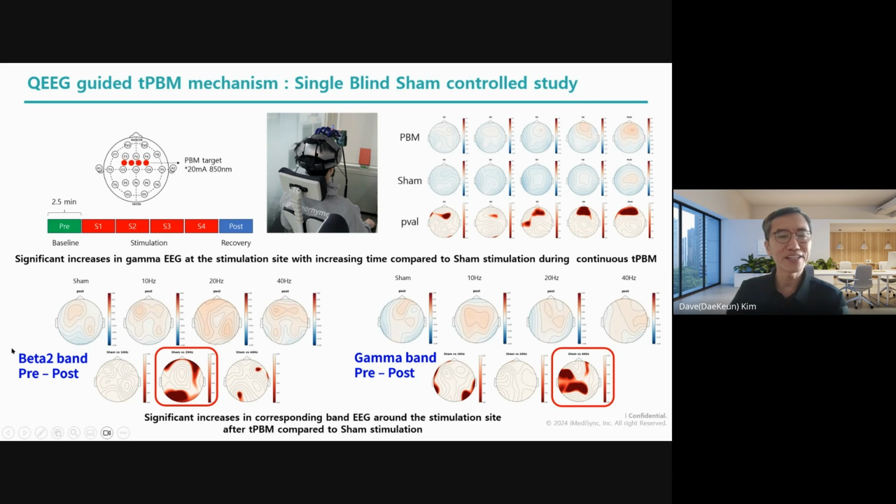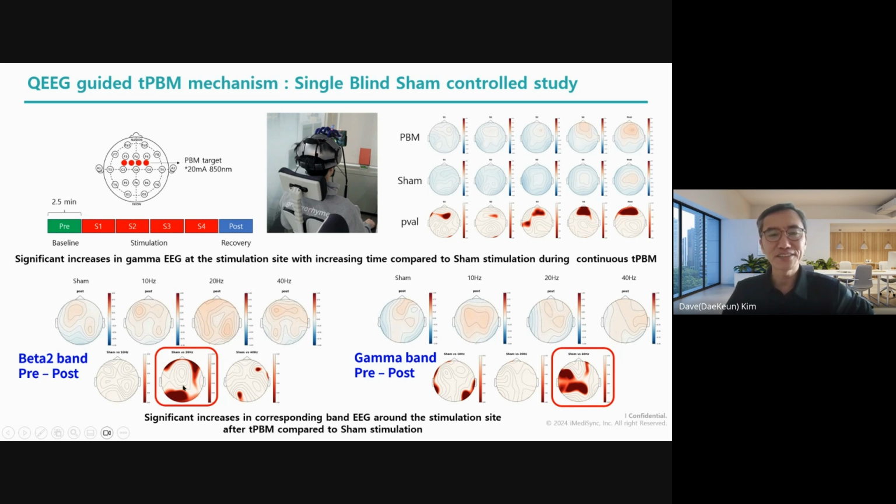When we only see the beta 2 band, the 10 Hz stimulation cannot make any changes, and the 40 Hz stimulation cannot make a significant change either. But we can see the 20 Hz stimulation makes the beta 2 band change significantly in this area.